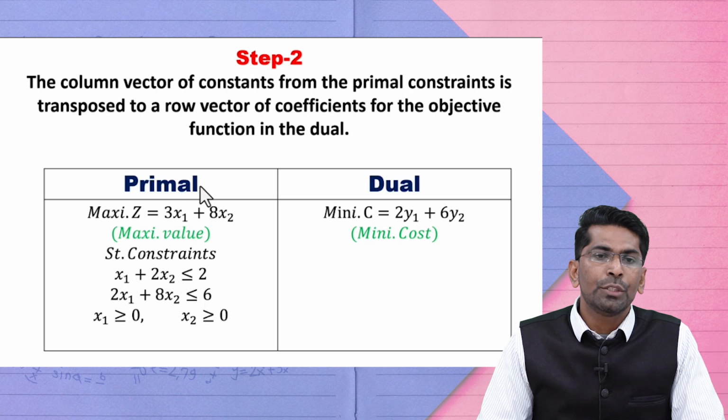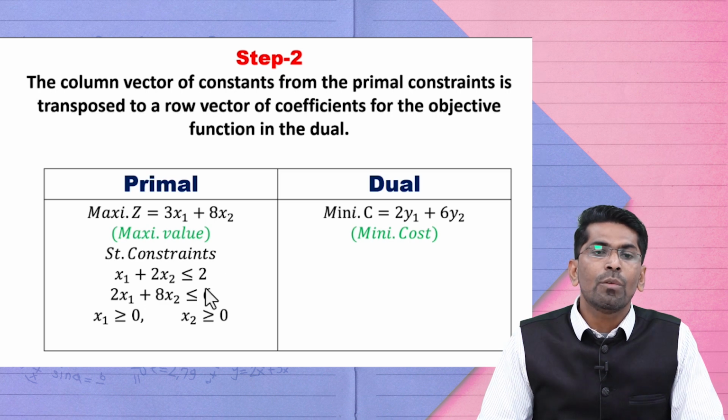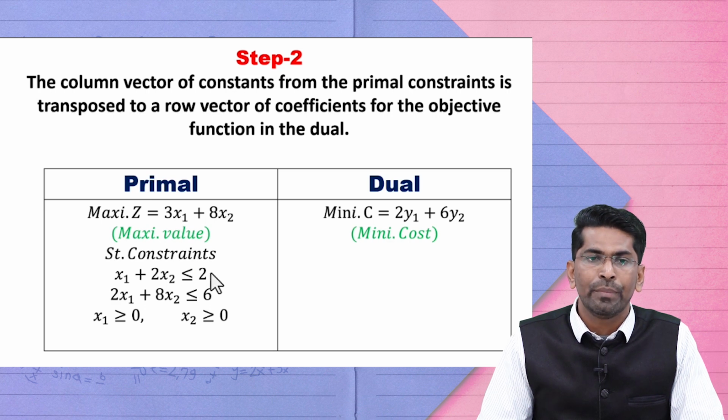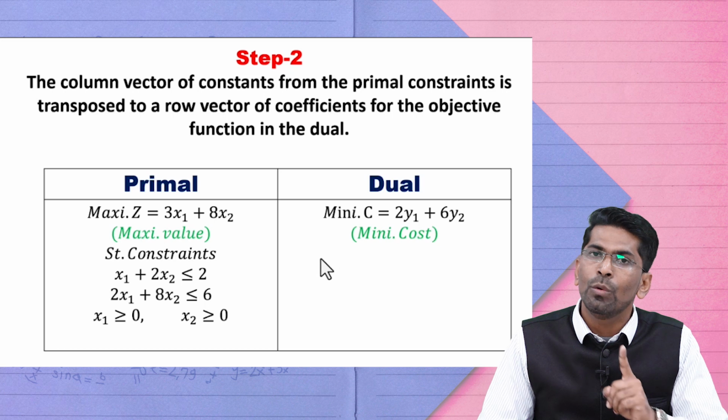See, our original function is primal. The first step we have completed, that is, maximization is converted into a minimization problem. Now see here, the constants of the given constraints were 2 and 6. These constants are going to become the coefficients of the objective function. So we consider this 2 here, 2y1. Instead of x1 and x2, we denote the variables in terms of y1 and y2 now, from primal to dual.